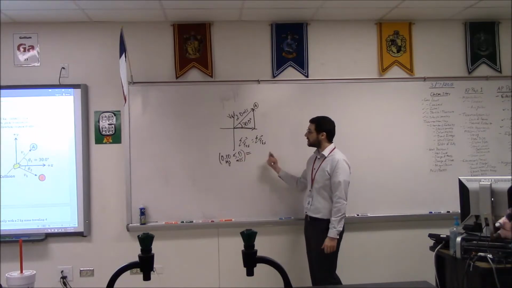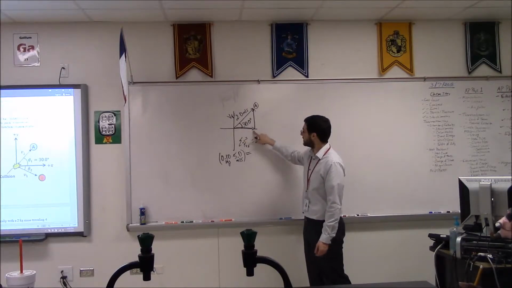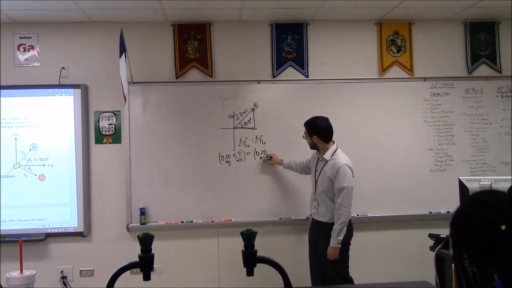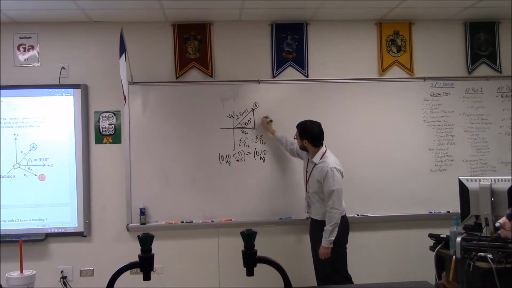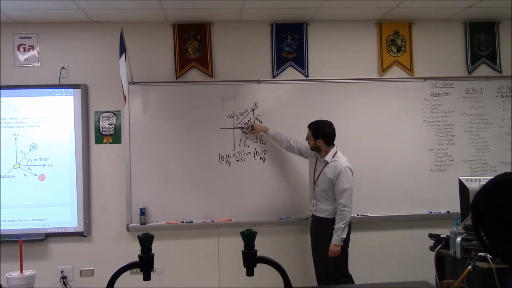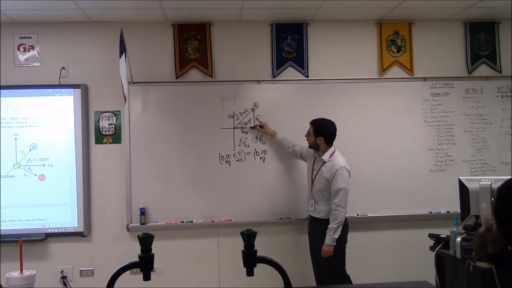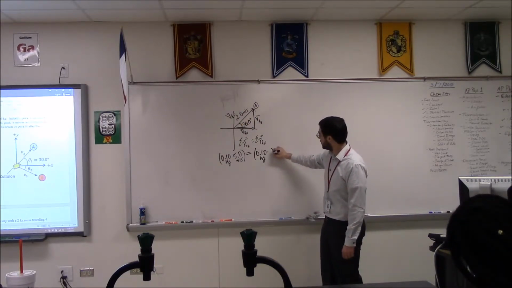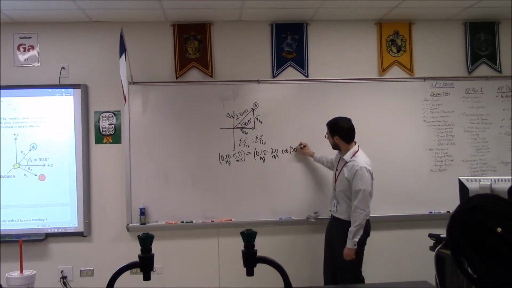Now on the after side, puck A's x-axis momentum is going to be its mass times its x-axis final velocity. And the x-axis final velocity is going to be the final velocity times the what? Cosine of theta, right? So it's going to be the 2 meters per second times the cosine of 30.